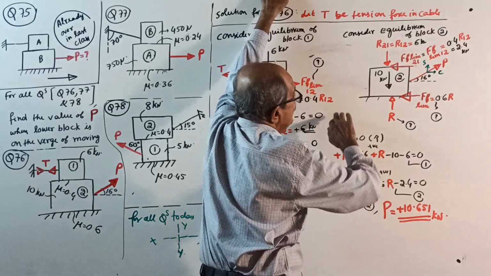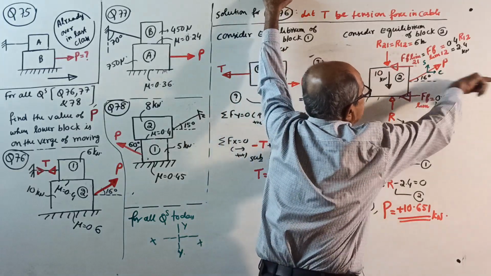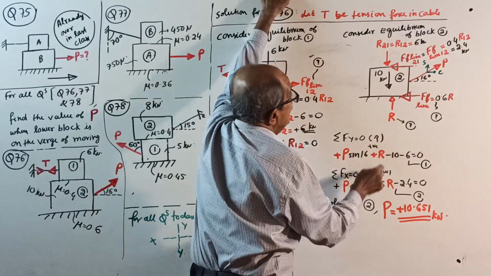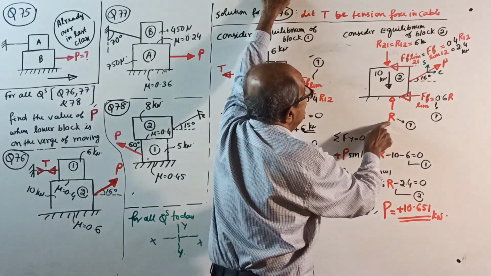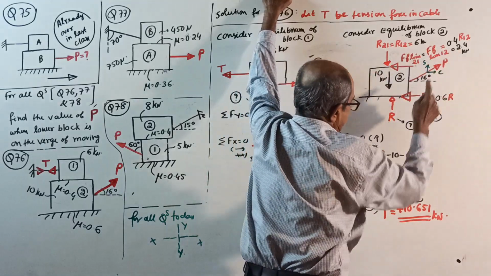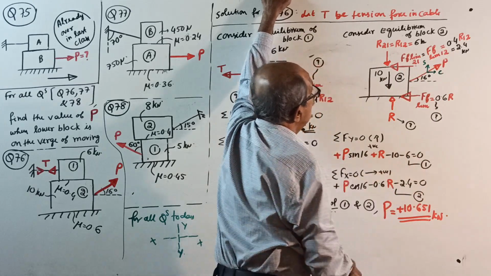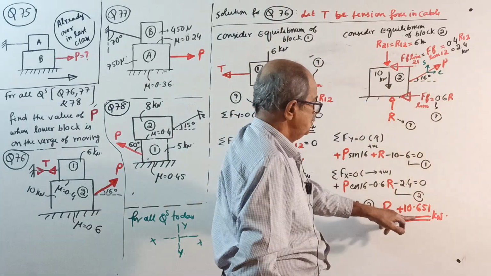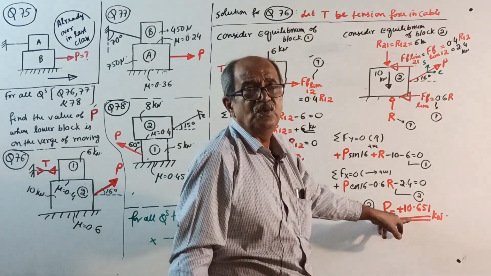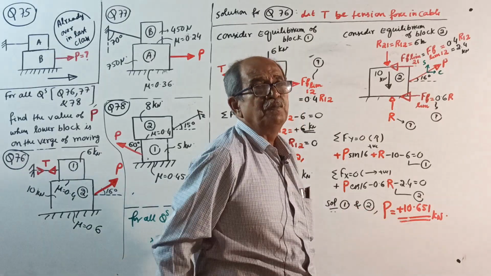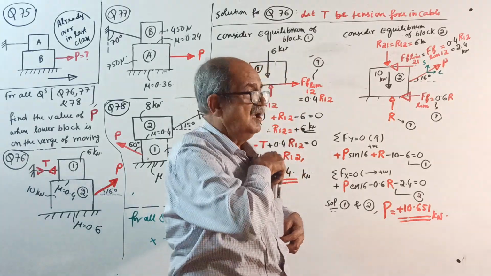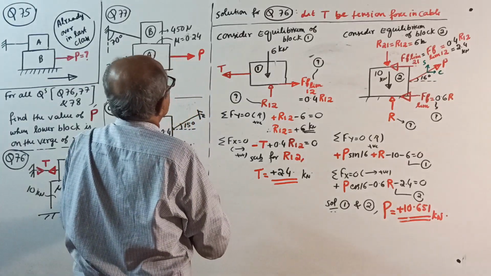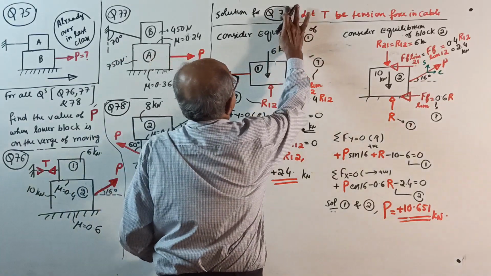Sigma Fx = 0, right side positive: plus P cos 16 minus 0.6 R, this R, minus 2.4 equals 0. Solve 1 and 2, you get P. The least force required, when the lower block is on the verge of moving, you get the answer. Okay, now I go to the next question, the solution for question number 77.